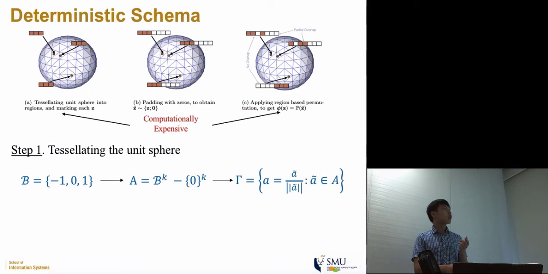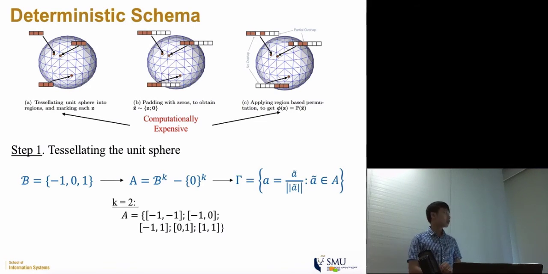So after this, you can get a partition of the unit sphere like this, right? So for example, in the case k equals 2, you have set A, which is like this one, and you don't use concatenation where the elements are 0. Okay, so just minus 1, minus 1, minus 1, 0.